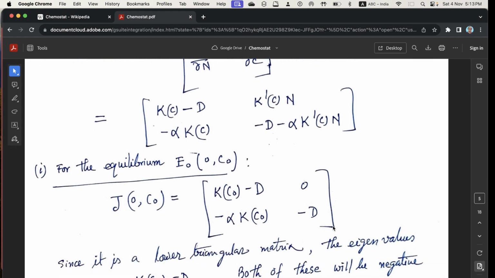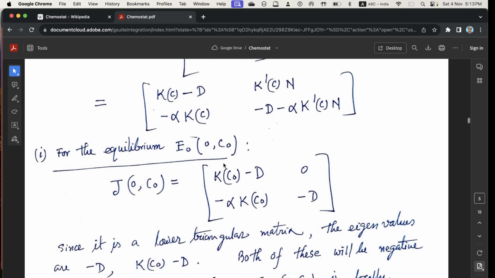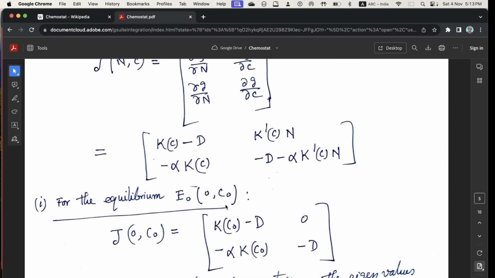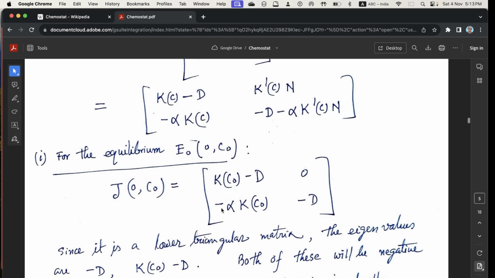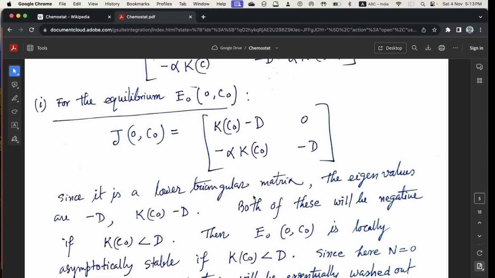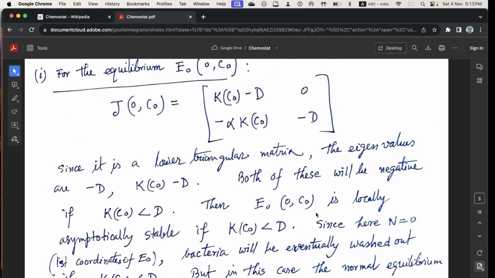Now for equilibrium point E0, which is (0, C0), put N equal to 0 and C equal to C0. Then the Jacobian J equals (K(C0) - D, 0; minus alpha K(C0), minus D). Since it is a lower triangular matrix, because this element is 0, the eigenvalues are K(C0) - D and minus D. Both of these will be negative if K(C0) - D is negative and minus D is negative, obviously.